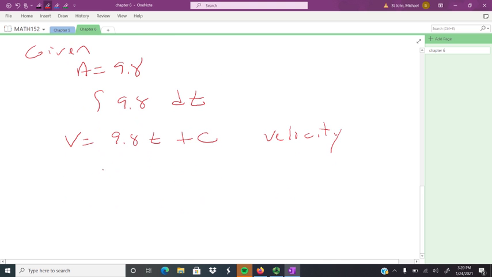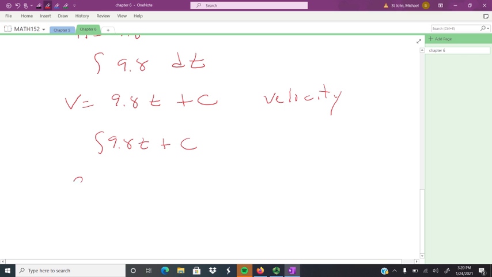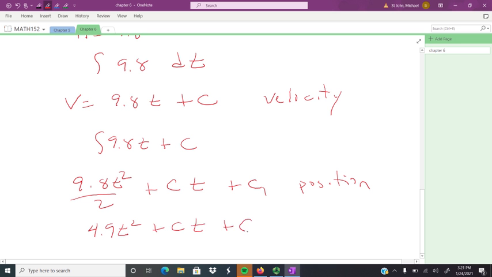And then if we were to integrate this one, we would now get 9.8t squared over 2 plus c times t plus c1. And this would be the position function. So this is going to be 4.9t squared plus ct plus c1. And that'd be my position. Right?